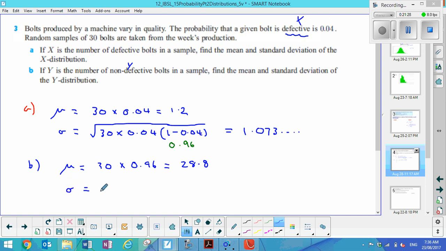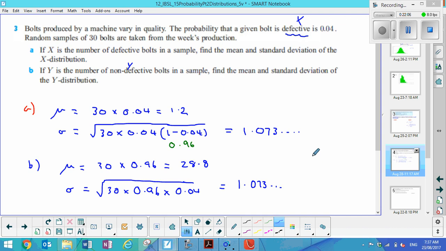Anyway, the standard deviation is going to be the square root of 30 times the probability of non-defective, 0.96, then 1 minus 0.96, which is 0.04. And of course, that's going to come out the same value as we got up here, 1.073, etc. So if we're looking at the two different options, they will have the same spread, but a different mean.